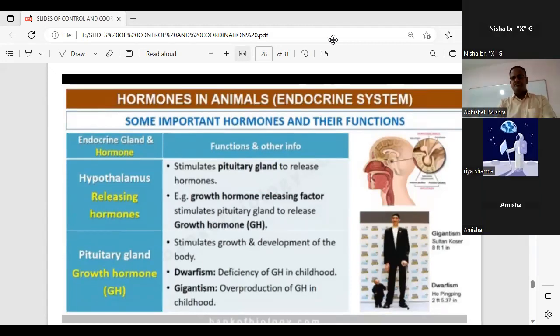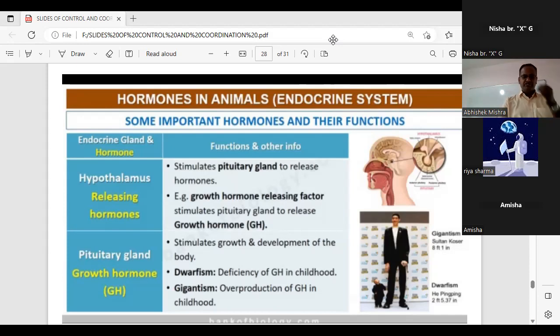Okay, Nisha, unmute yourself. Yes, speak, Nisha. Growth hormones. Releasing hormones. The growth hormone you have said is released by the pituitary gland.